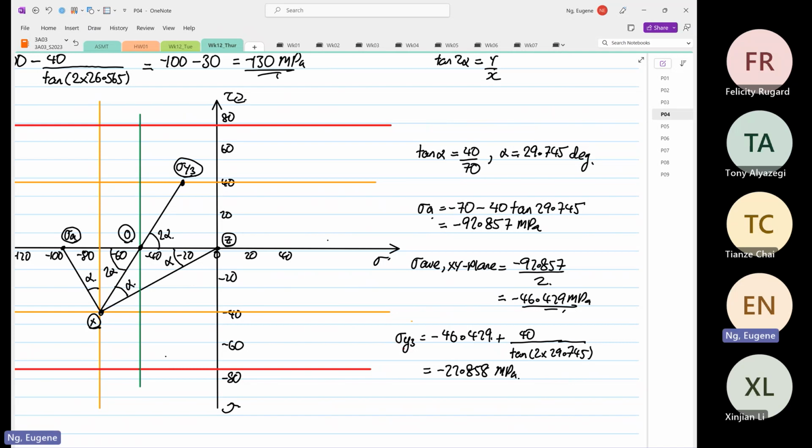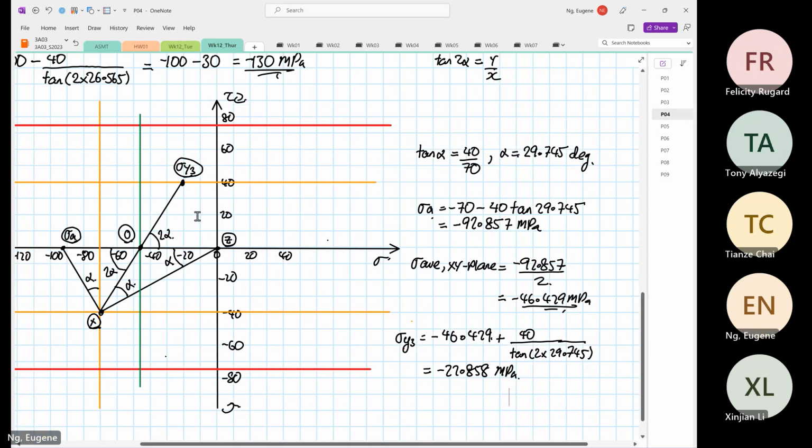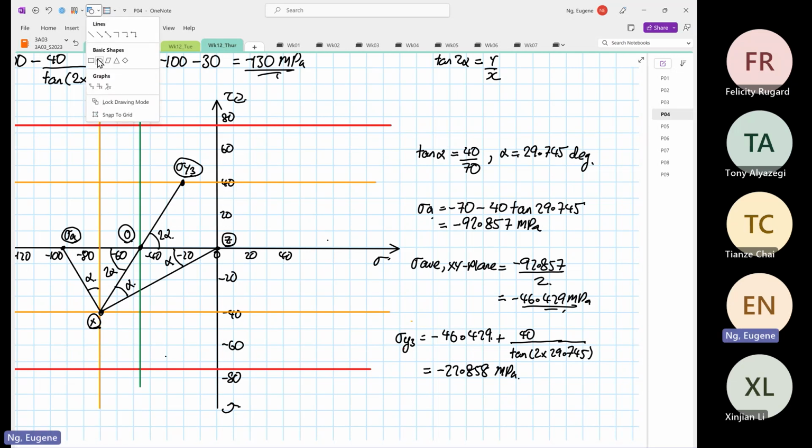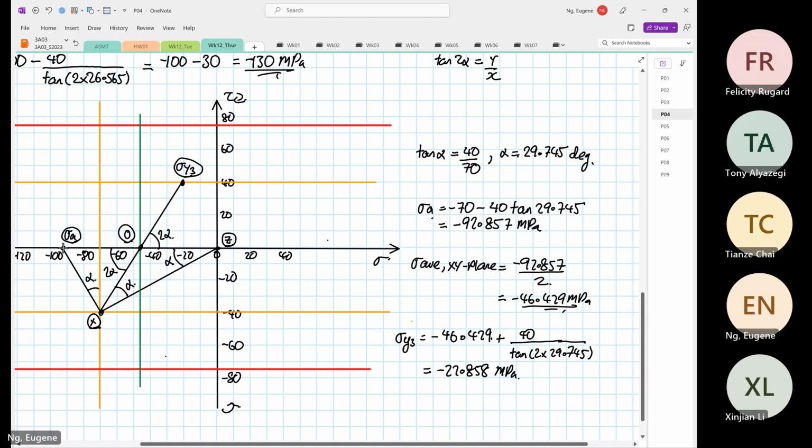Yep, minus 22.845. So if I go back to the graph, yeah, I did not really reach 20. Okay, so now if I were to draw Mohr circle, this thing will have to go up to a bit more than 45.